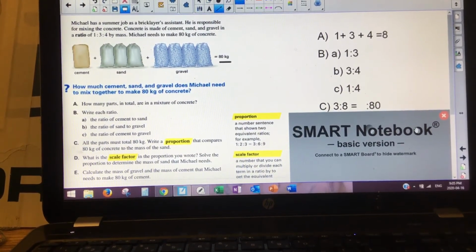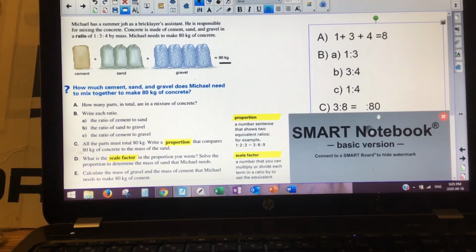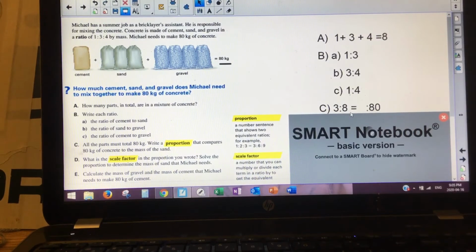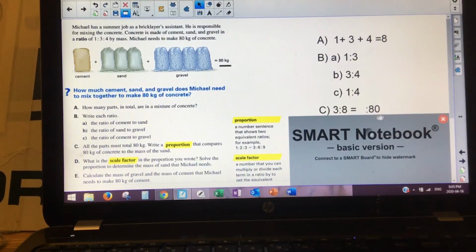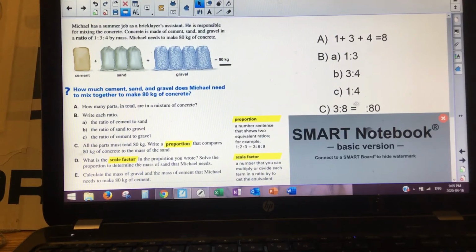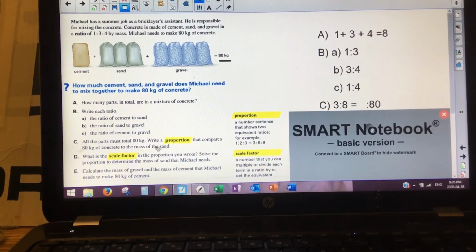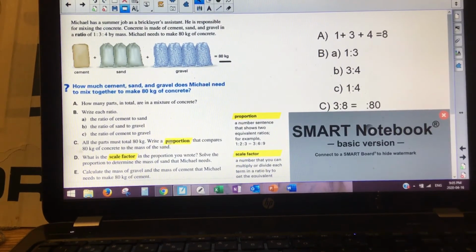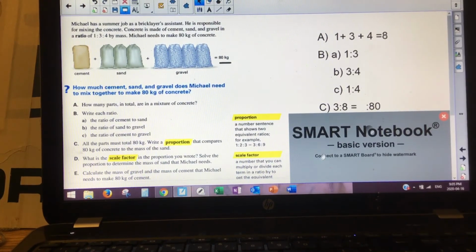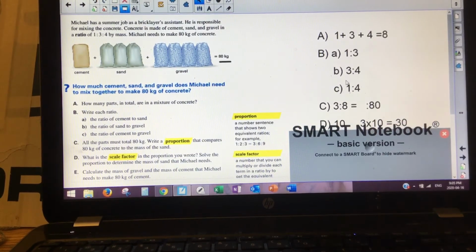But what you have to figure out is that 8 is the total here. So these two, the 8 and the 80, represent the totals. Okay, 8 represents the parts, cement plus sand plus gravel, and 80 kilograms is the total mass. So we have to figure it out this way. So once I wrote it with a blank, you can see pretty clearly what the proportion is.